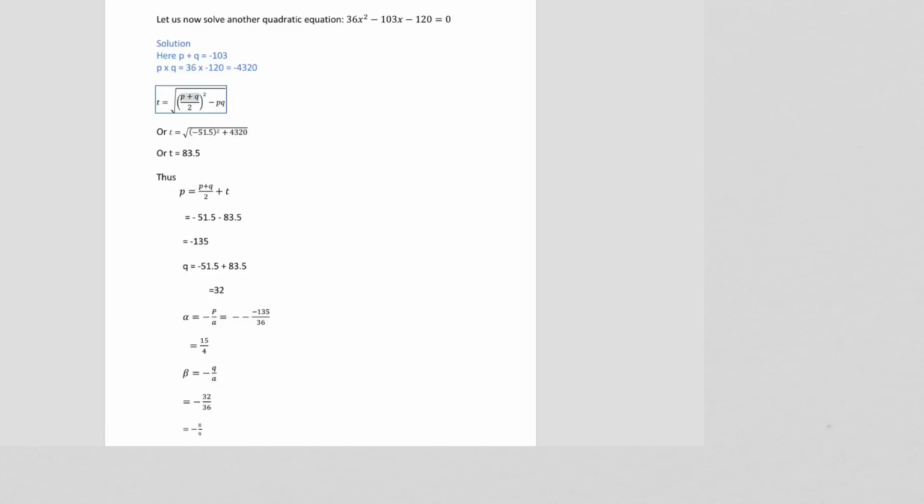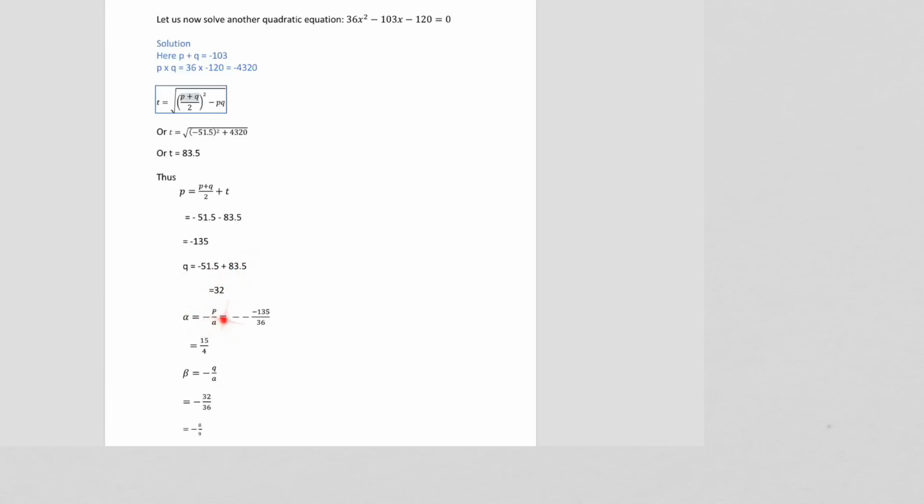We first calculate the value of t, which is given by this expression, and when we substitute values we get t as 83.5. Thus p is equal to p plus q by 2 plus t, which becomes minus 51.5 minus 83.5, which is equal to minus 135. Similarly, q becomes this value, 32.